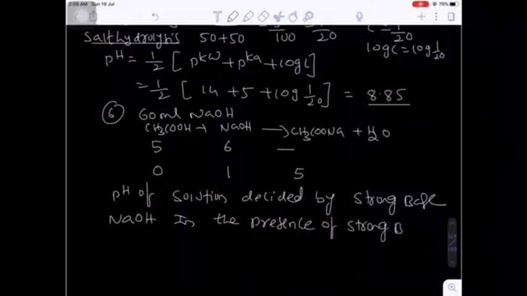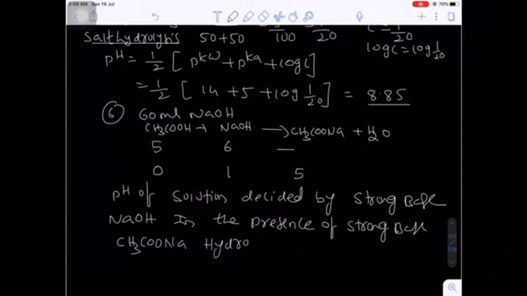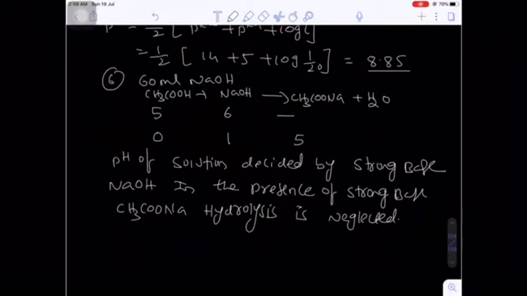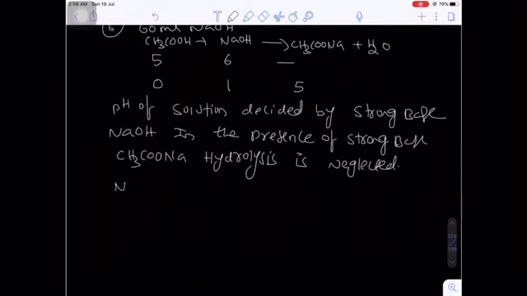And one more important thing: in the presence of a strong base, the hydrolysis of the salt CH3COONa is neglected. Neglected. This is very important.